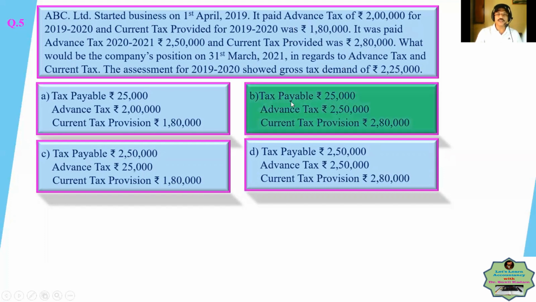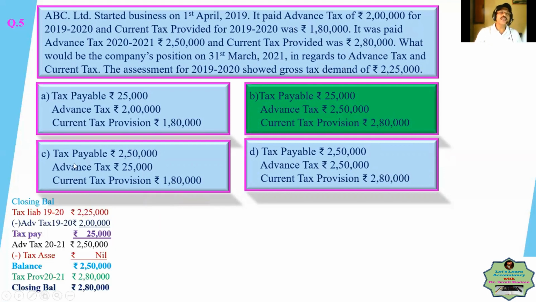So let us check out which one is correct. The correct answer is B: tax payable rupees 25,000, advance tax rupees 2,50,000, and current tax provision is 2,80,000. Why is this correct? Let's understand. The tax liability for 19-20 is given as 2,25,000.